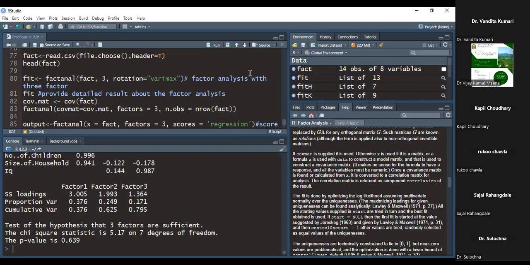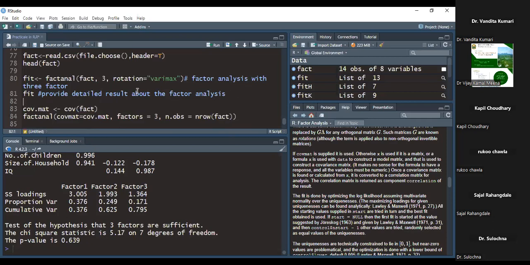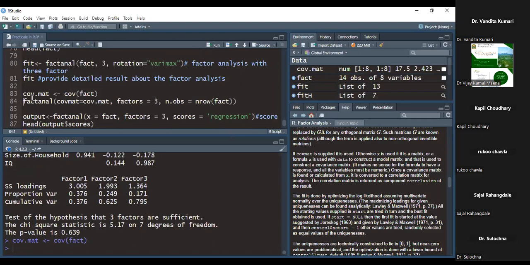So this is factor analysis. Since we have the full data set, now let's assume that we have only the covariance matrix. So I've taken one variable named cov.mat. It is going to have only the covariance matrix of the original data set. Now let's see what result we obtain using this, having only the variance covariance matrix.